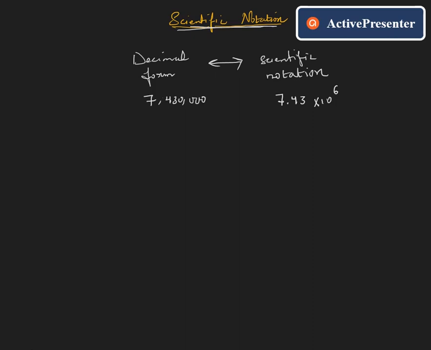It is made by putting the decimal point, this is the decimal point. Again, it is made by putting the decimal point to the right of the first non-zero digit. How we are going to do that?